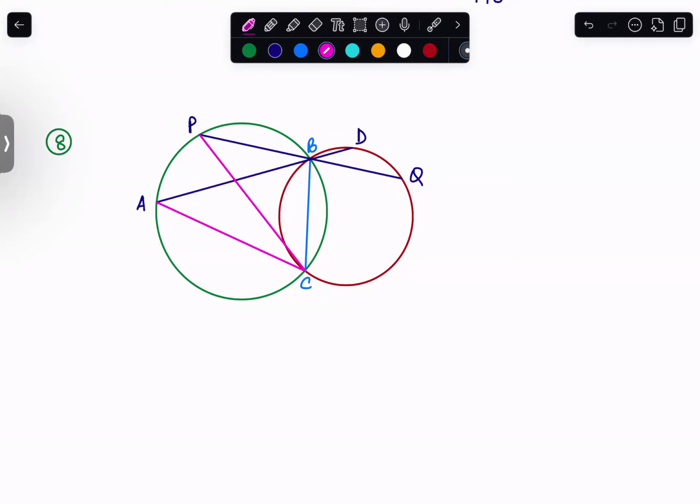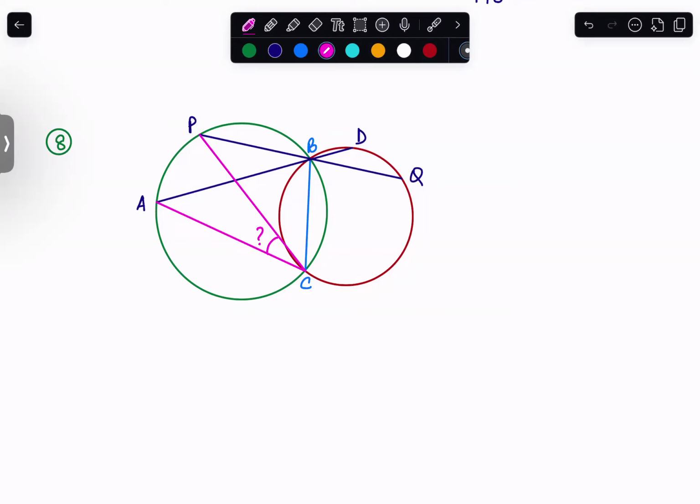Diagram clear, Shabar? This angle is our query. Any identification that you are getting from this diagram?